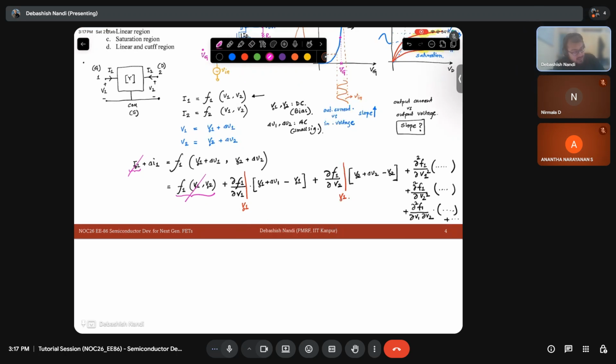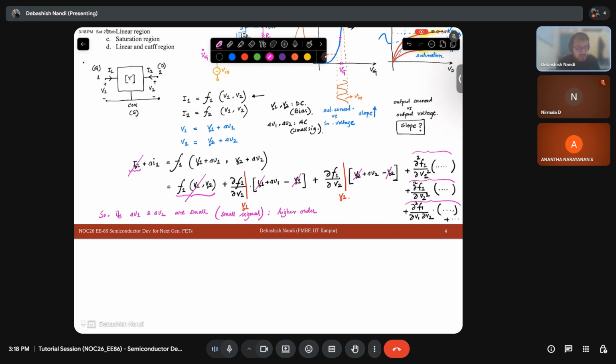And what about these terms? Higher order terms of the Taylor series, can I ignore? If I assume that delta V1 and delta V2 are small, that is your small signal, higher order terms can be ignored.